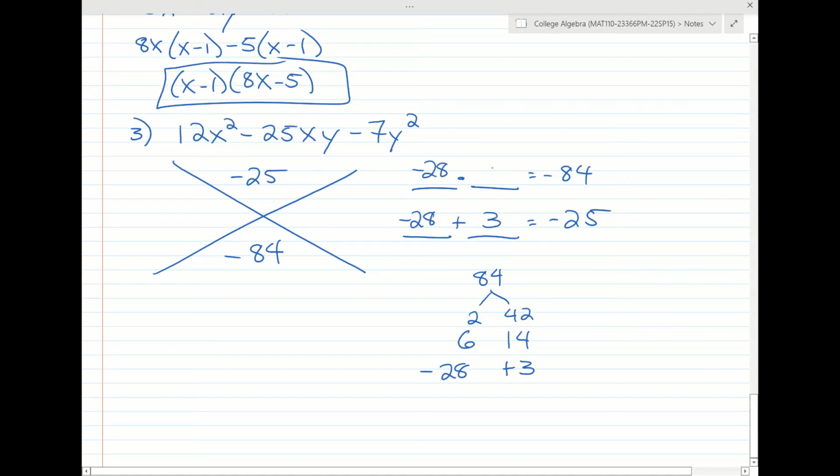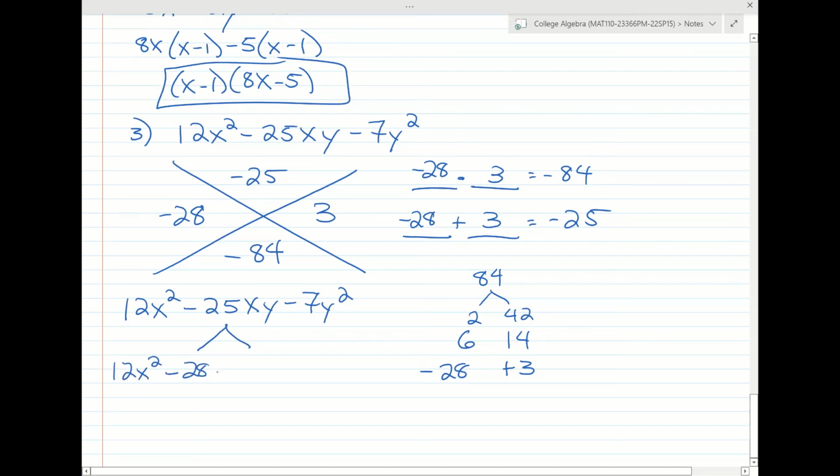And you can see that's the hardest part. Once we get those two numbers, everything else is super easy. So even though this has y's in it and x's, it doesn't matter. All of these problems we solve exactly the same way. If it's a trinomial, we break up the middle term, just like this.